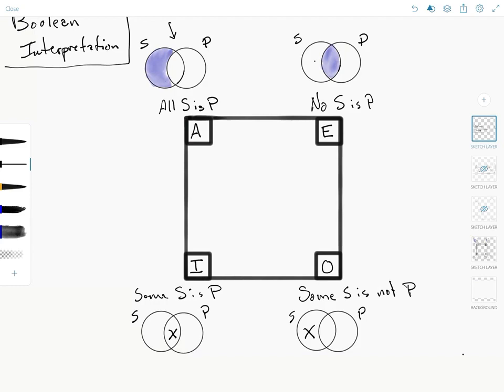A more modern notion of science involving hypotheses suggests that we don't have to know something exists in order to say something intelligent about it, based, for instance, on mathematical models or definitions or whatever, and that's the Boolean interpretation. It just does not take a position on whether the categories in a universal proposition actually exist.